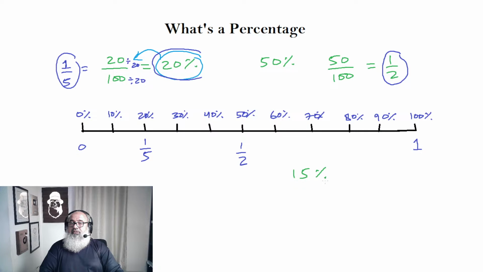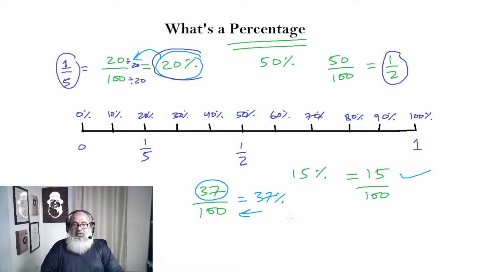That's it. And if we see, let's say, 37/100, whenever the denominator of a fraction is 100, the numerator is giving us the percentage. So that is 37%.